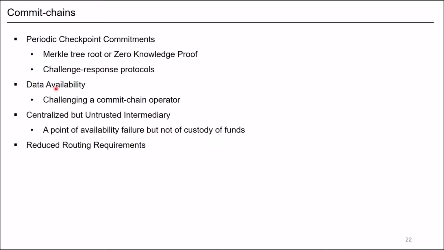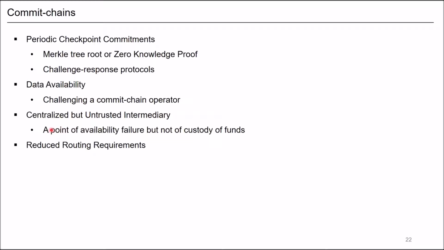Data availability challenges may challenge a commit chain operator to provide the necessary data or halt the operator upon misbehavior. It allows users to exit with their last confirmed balance.